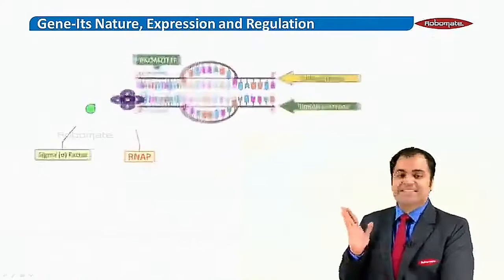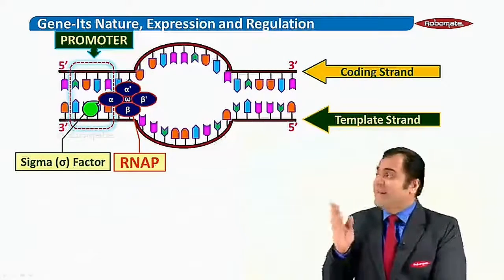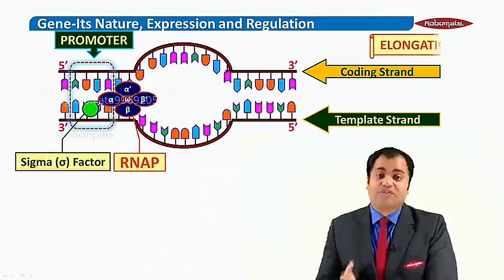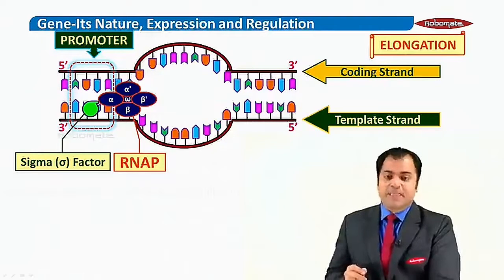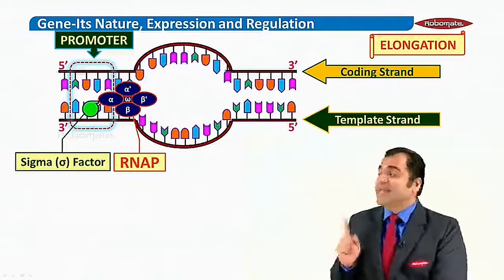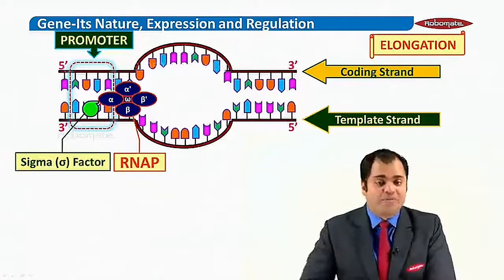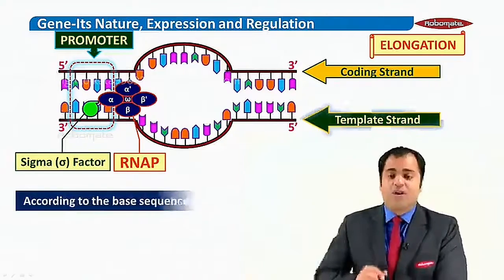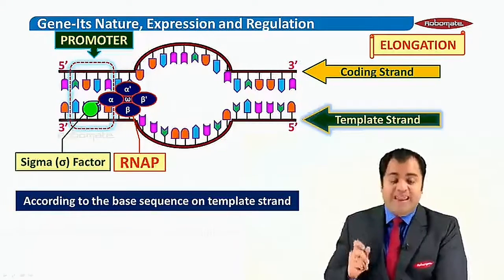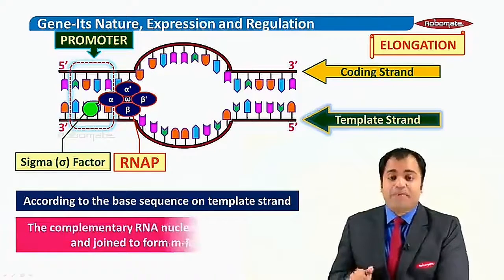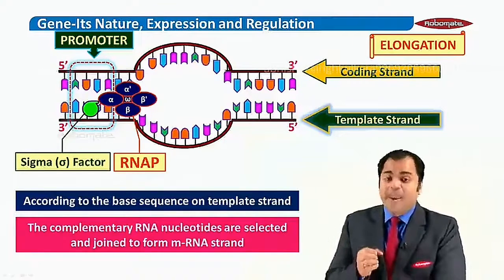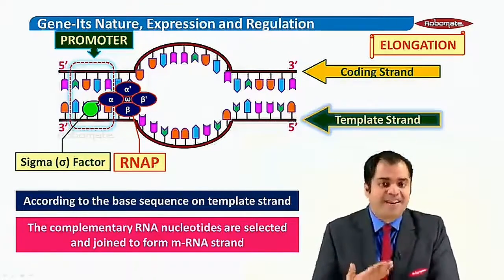Now we are bringing back the same DNA where initiation has already occurred. Now you will see how the process of elongation takes place. What do you need for elongation? For elongation, you require the key enzyme called RNA polymerase. Now look, according to the base sequence on the template strand, which is right above my head, the complementary RNA nucleotides are selected and joined to form the mRNA strand.